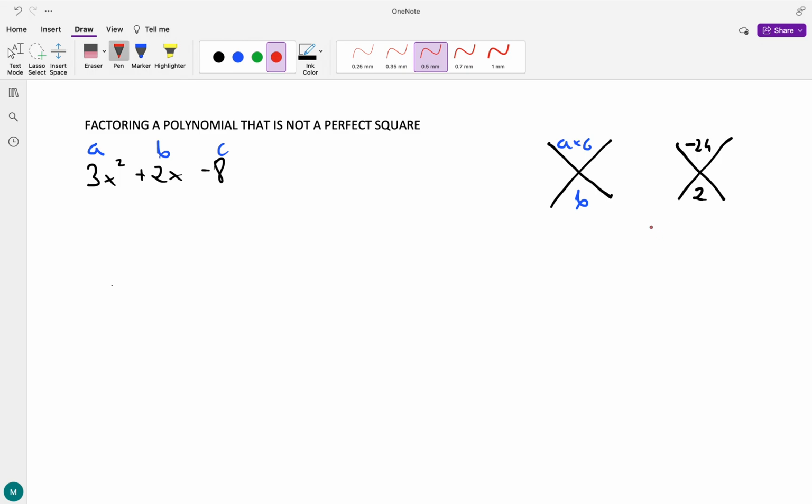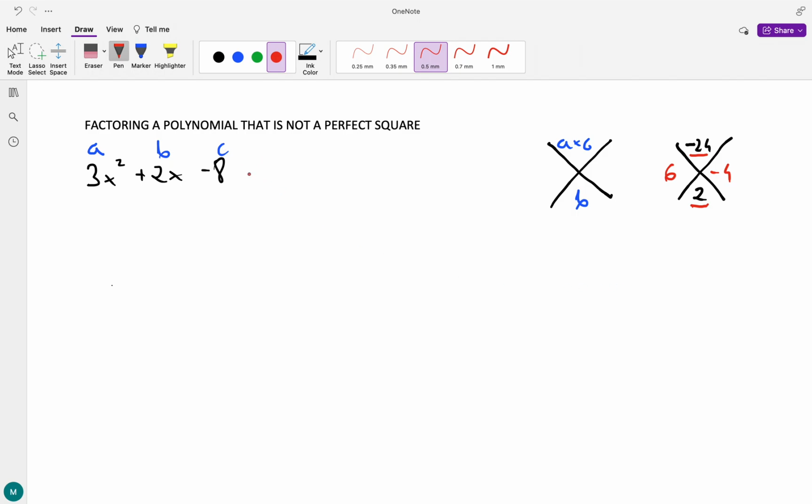If you can't think of those numbers, you can simply list all of the factors of negative 24, and for certain you will find a pair that satisfies both conditions. But for now, I'm going to tell you it's 6 and negative 4. 6 plus negative 4 is positive 2, and 6 times negative 4 is indeed negative 24.